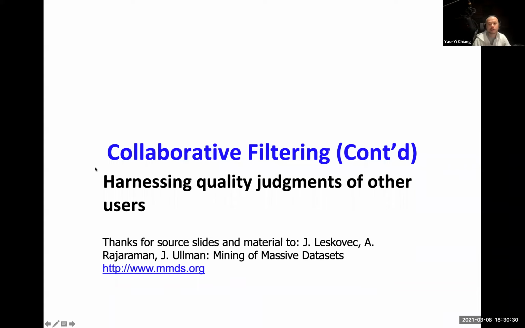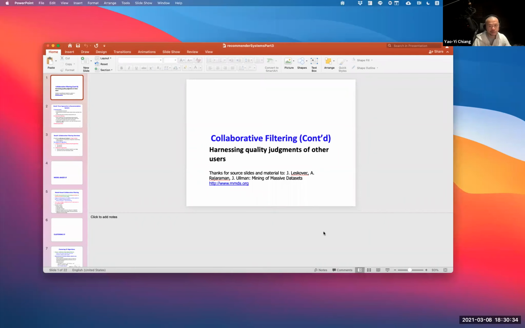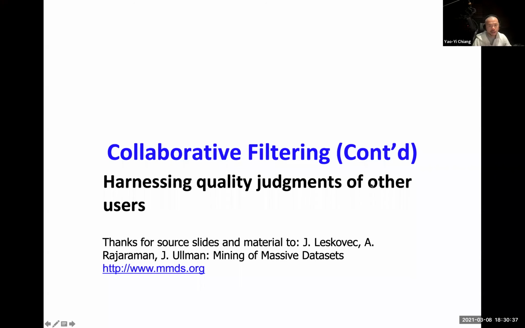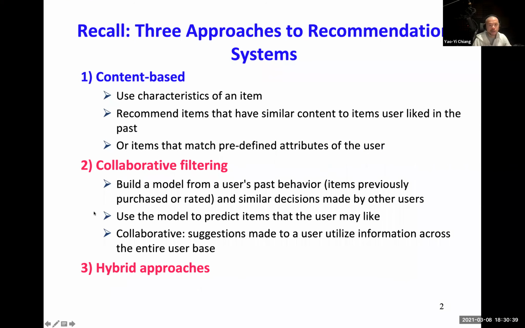Okay, so the third part of our collaborative filtering techniques. We talked about the CF-based method, and this builds a model using the user's past behavior and similar decisions made by other users, and then uses the model to predict.